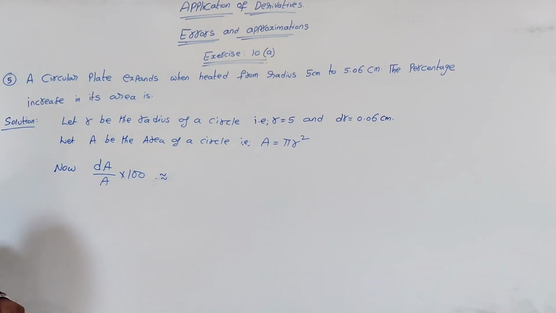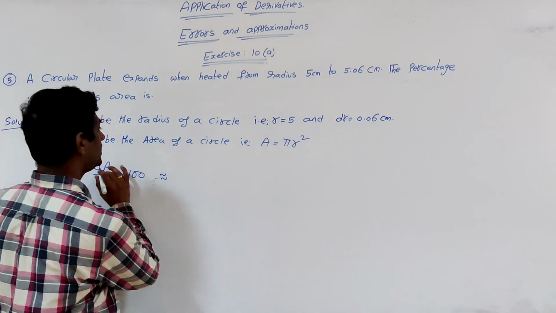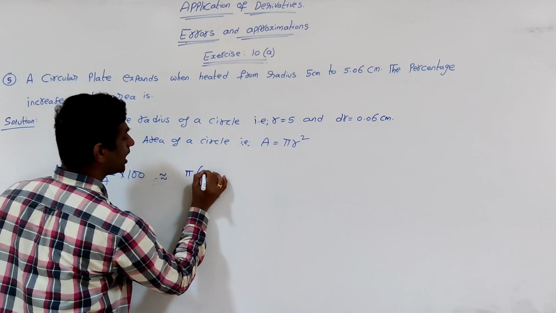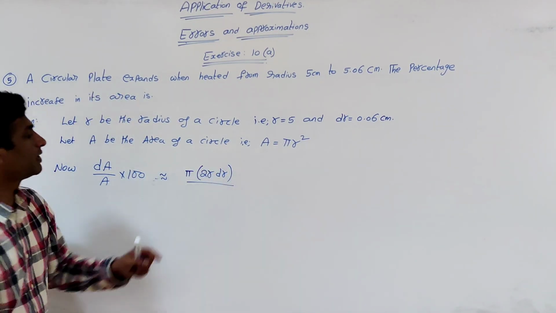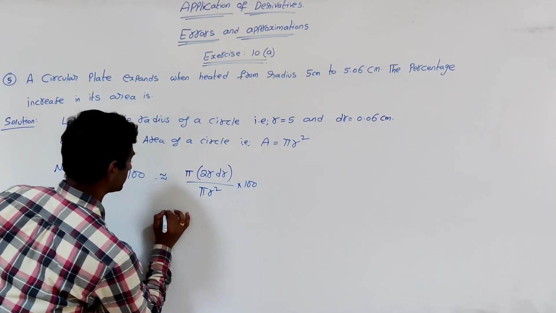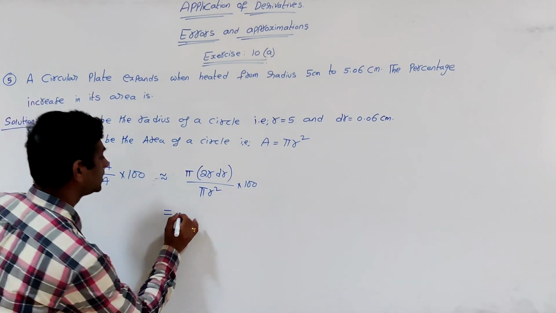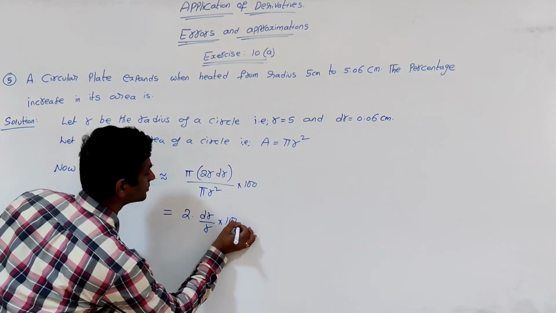What is dA? It is the differential of A, that is dA is pi and the derivative of r square is 2r dr, divided by A, which is pi r square, into 100. Pi and pi get cancelled and one r gets cancelled, so 2 into dr by r into 100.